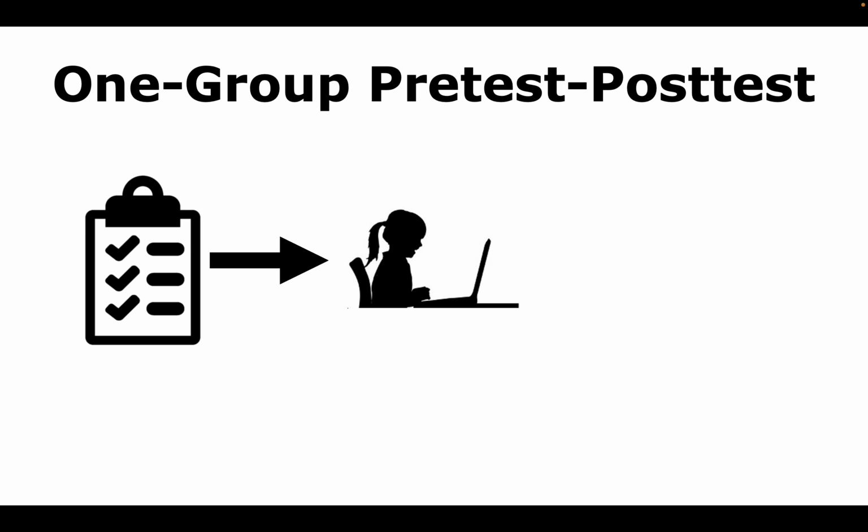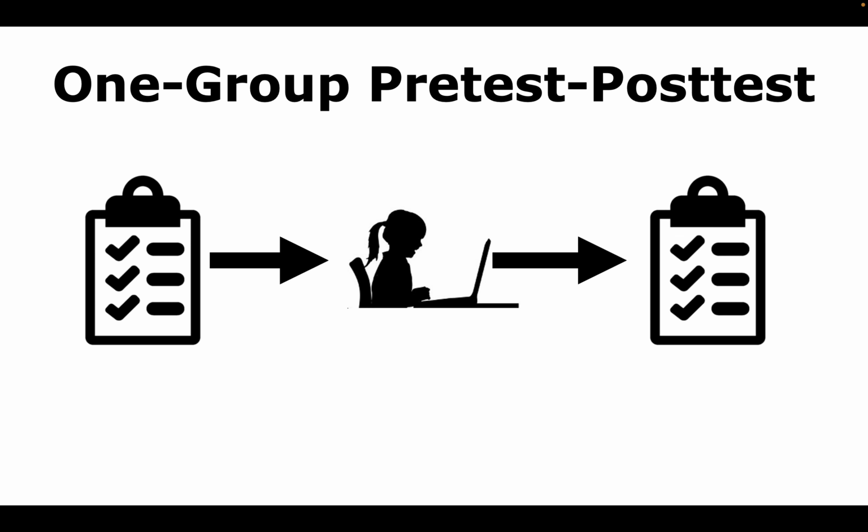You'd implement some AI-related tools as part of their instruction, and then you would post-test them and look for any gains, so that at least you could determine whether or not all your choices about students using AI in the classroom, and your decisions as an educator, impacted what you wanted students to learn between the pre-test and the post-test. So that would be a one-group pre-test, post-test. Again, it's a very weak experimental design, but it is a design that could be easily done in the classroom.